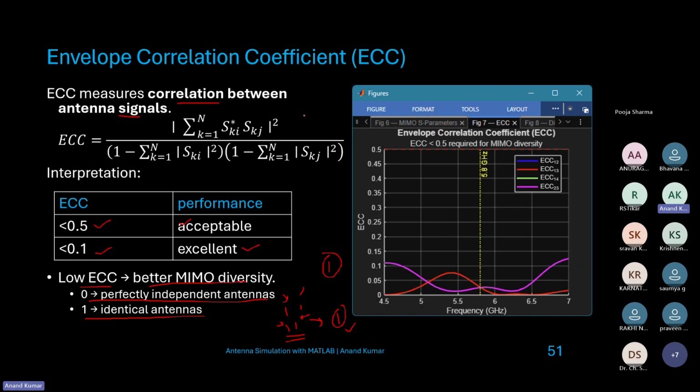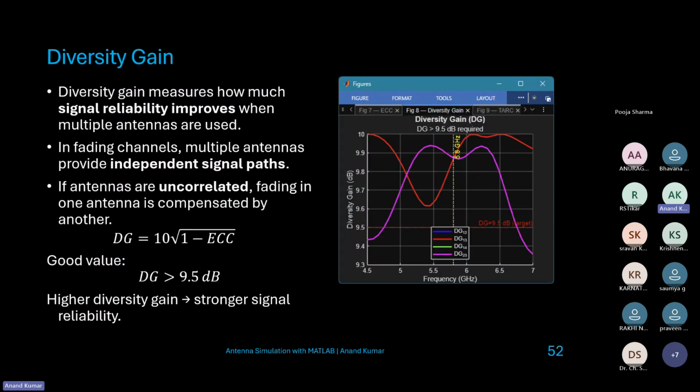Now we just need to extract the individual S matrix values, S_ki and S_kj, with k running from 1 to n. Similarly on the denominator as well, and we take the ratio and get the ECC. So we have the formula, and we just need to implement it inside MATLAB after getting these parameters.